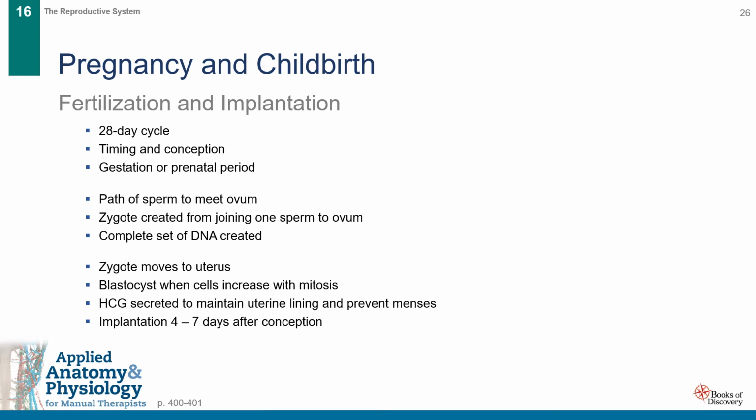At this point, the fertilized egg, or zygote, undergoes changes in its cell membrane that prevent any other sperm from entering, ensuring that only one complete set of DNA is created. This means that conception is more complex than sperm meeting egg. It is the joining of genetic material between male and female gametes.